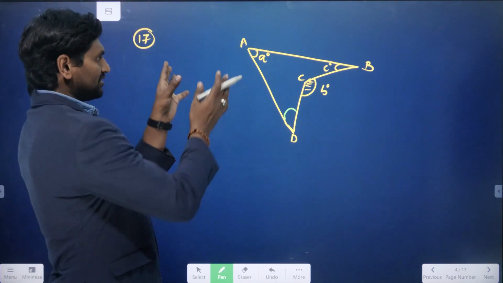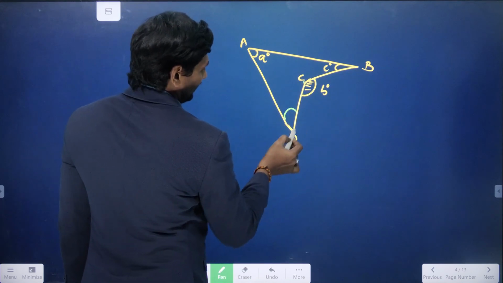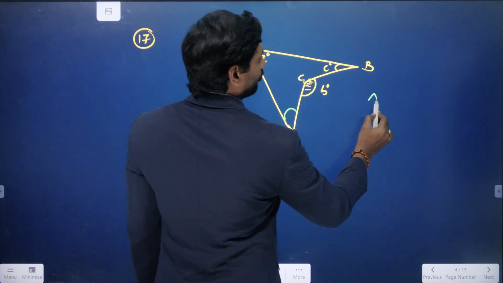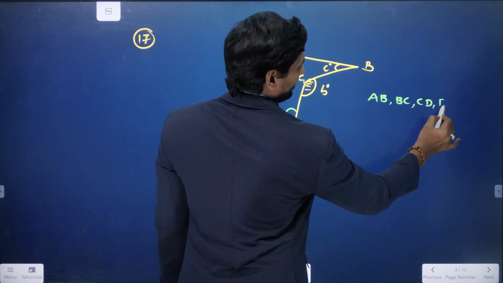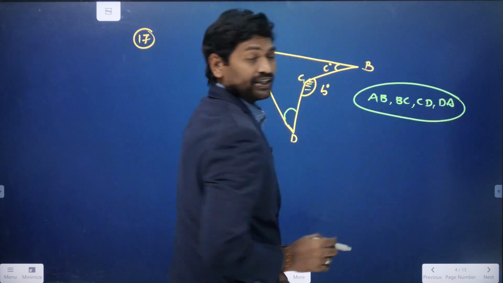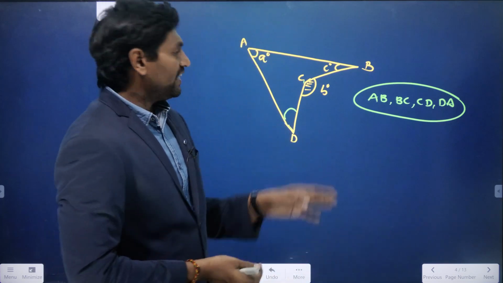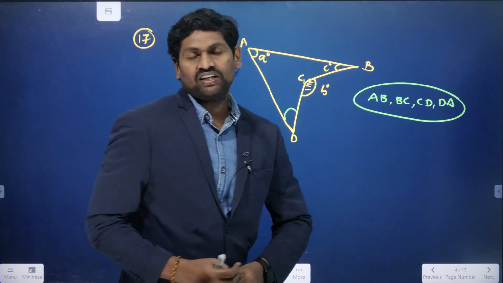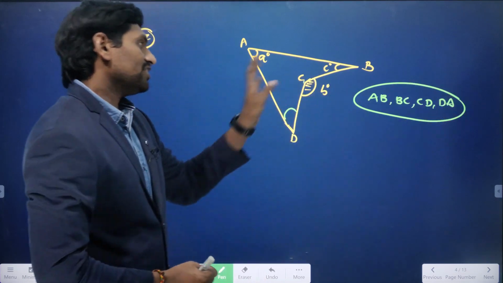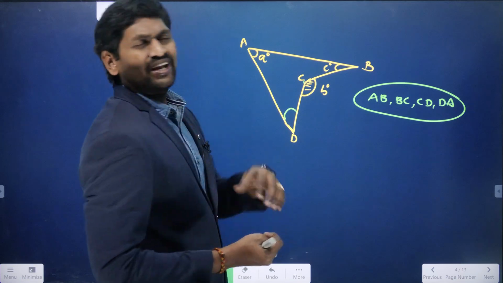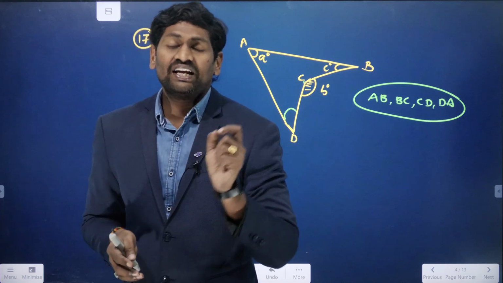While you are observing this entire diagram, see here AB, BC, CD, DA. There are 4 line segments, AB, BC, CD, DA. A closed figure with 4 line segments is nothing but a quadrilateral. Okay? And it is a concave quadrilateral. From this concave quadrilateral, or any quadrilateral, we can identify that the sum of interior angles is 360 degrees.